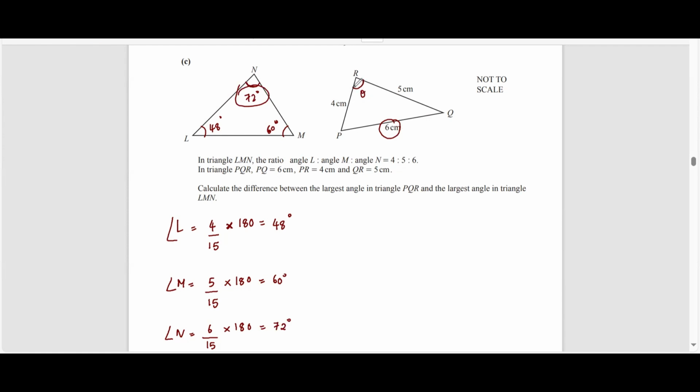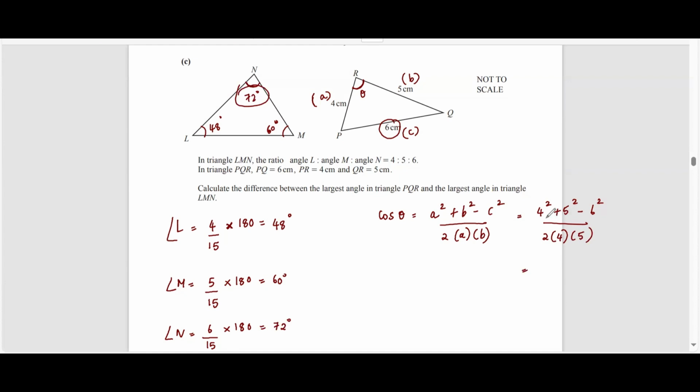For the angle we are finding, the adjacent sides will be A and B, and the opposite side will be C. So cos theta equals A square plus B square minus C square divided by 2 into A into B. That is 4 square plus 5 square minus 6 square, divided by 2 into 4 into 5.